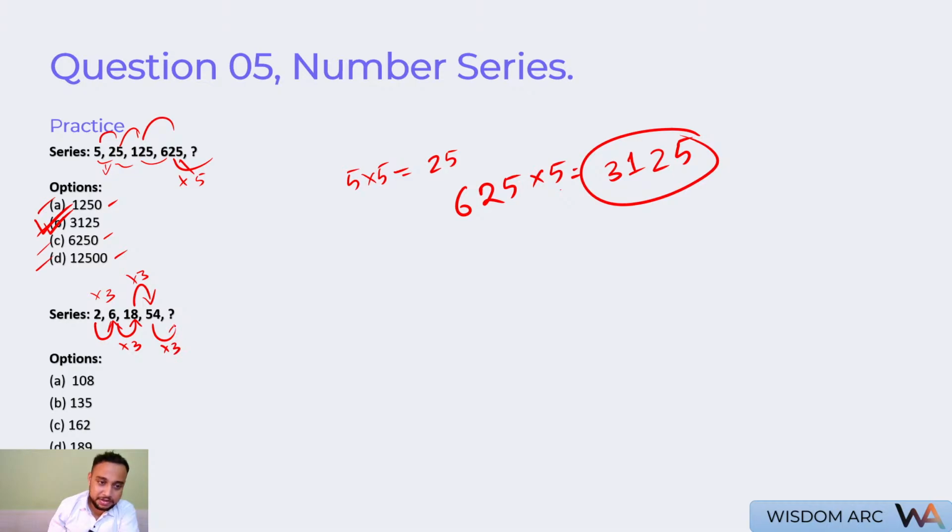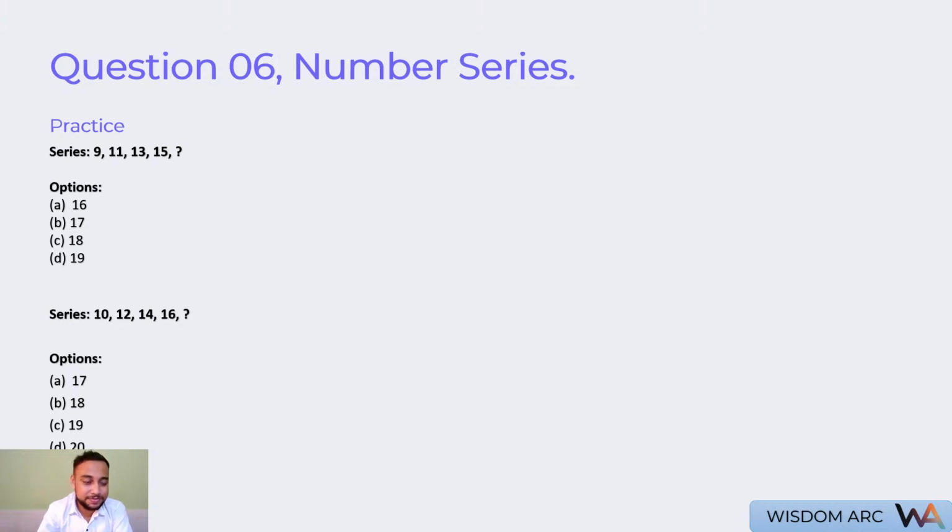Now, multiply 3 again. 3 4s are 12, and we have 1, 15, 16. 162. All right. Ready for the next question? Here we go. Take your time and try to solve it as quickly as possible.